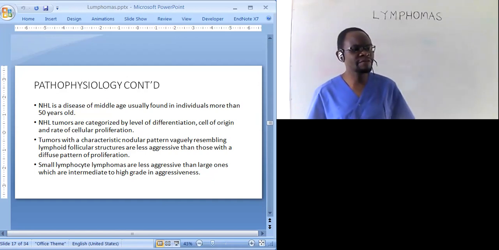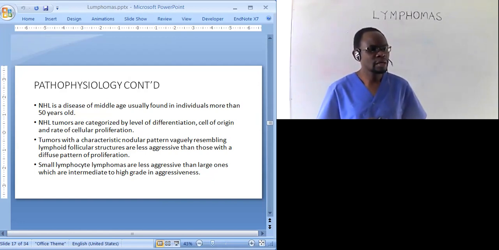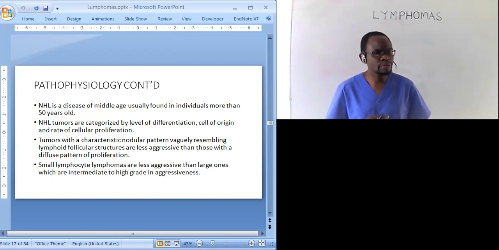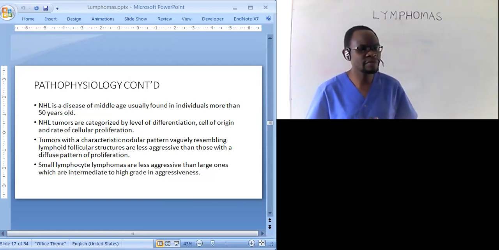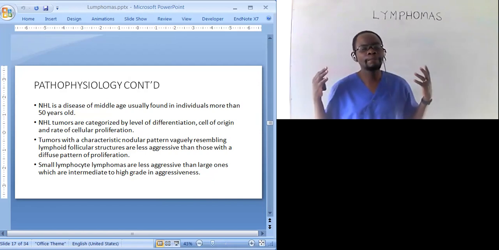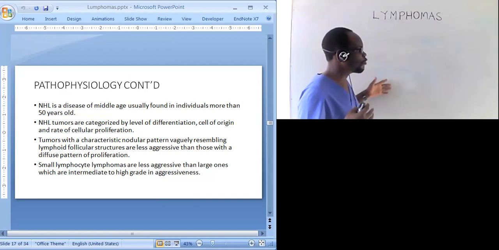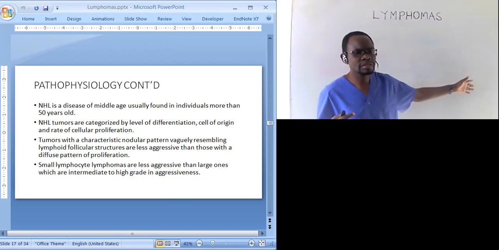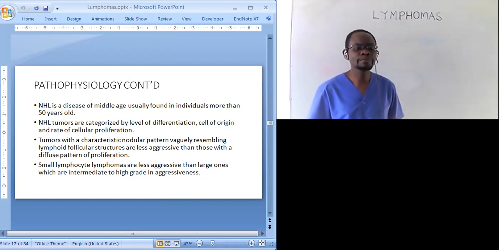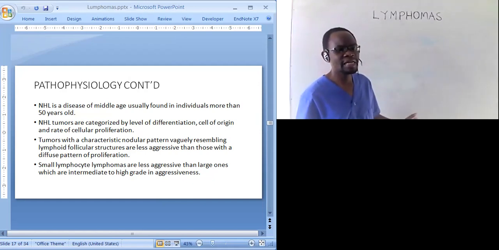So small cell lymphocytic lymphomas are less aggressive than large ones, which are intermediate to high grade in aggressiveness. And of course, this is explained as we explained in leukemias, that as you move towards the mature cells, they become smaller, more differentiated, and less dividing.